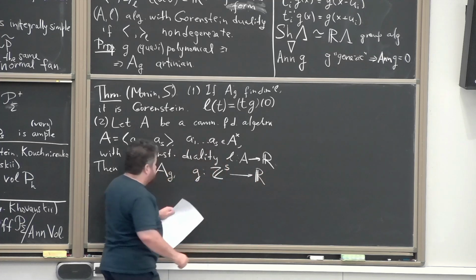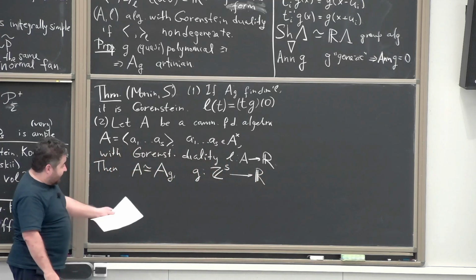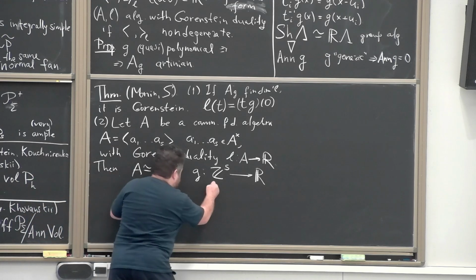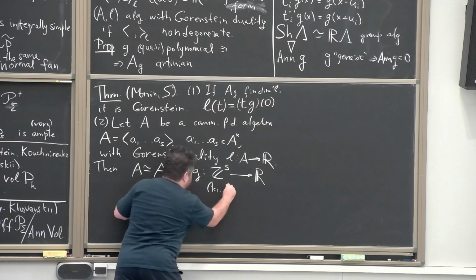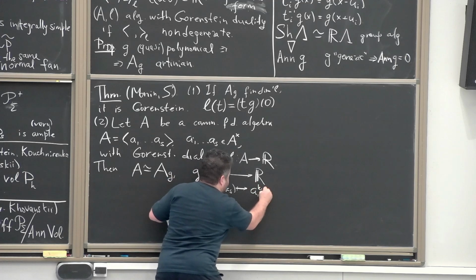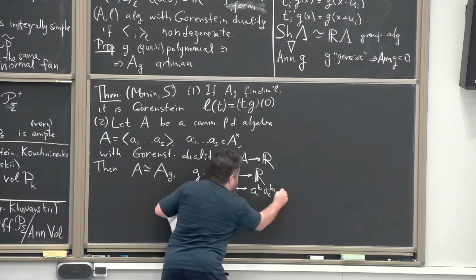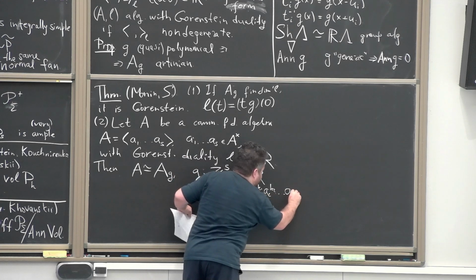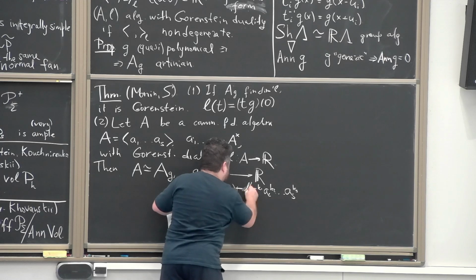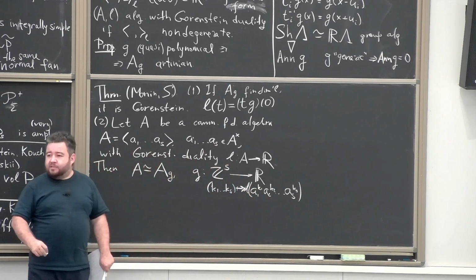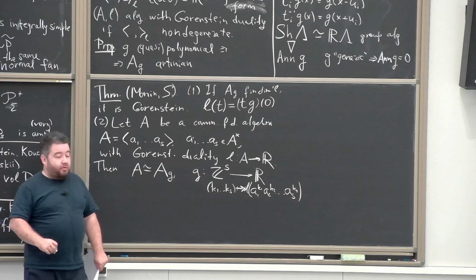Given an element of this lattice, K1, etc., Ks, you map it into A1 to the power K1, A2 to the power K2, and so on up to As to the power Ks. These are invertible, so this makes sense for negative numbers as well. Then apply L to it. Makes sense? Okay.